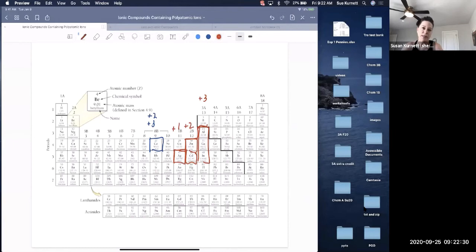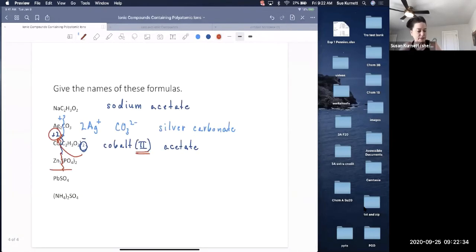So I know the charge on zinc is +2. It's always +2 if it's an ion. So I don't state the charge, I just write zinc. Because it has a fixed charge, we don't state it. And then PO43- is an anchor you're going to memorize called phosphate. This is zinc phosphate.